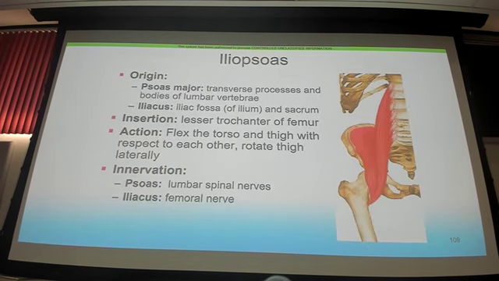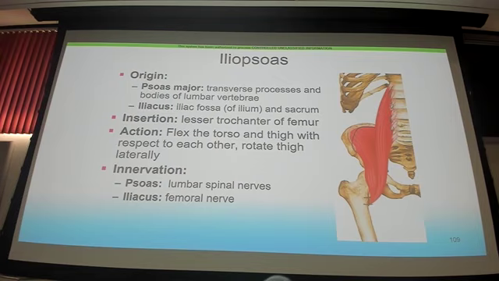I know we already discussed psoas major, minor, and iliacus, but here's their actual full slide again. So you have iliopsoas, where we have psoas major and minor originating off of the transverse processes. The iliacus portion is going to originate in the iliac fossa. And then all of them are going to insert into the lesser trochanter of the femur.